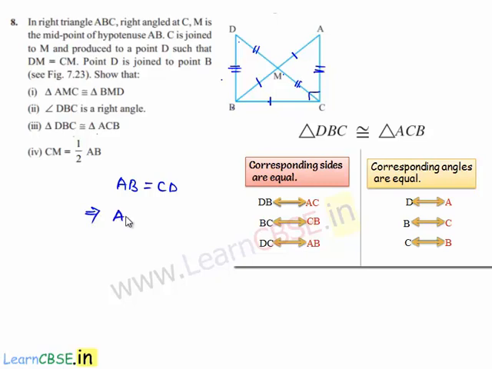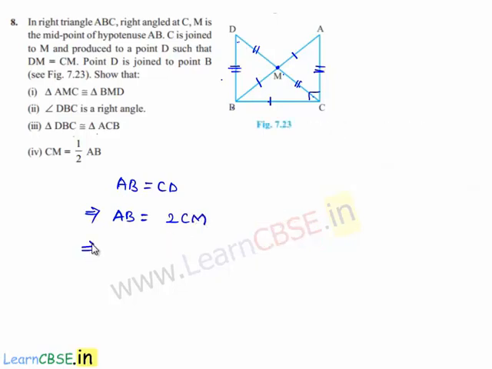Now we know that M is the midpoint of line segment CD, so we can write CD as 2 times CM. To get CM, we transpose 2 to the left hand side, thereby we get CM is equal to half times AB, which is the required proof.